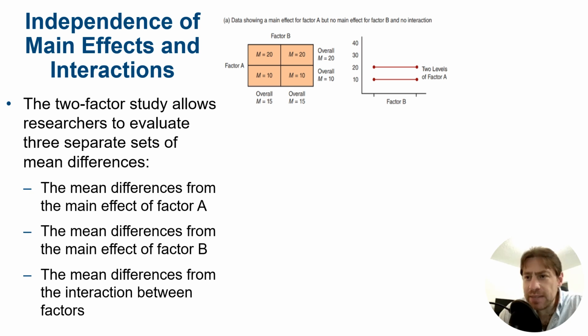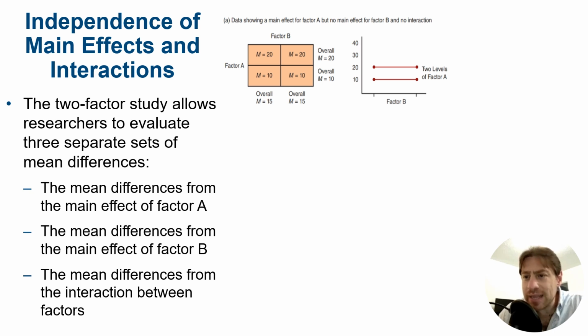One is the mean differences from the main effect of factor A, then the mean differences of the main effect of factor B, the second factor, and finally, the mean differences from the interaction of these 2 factors.